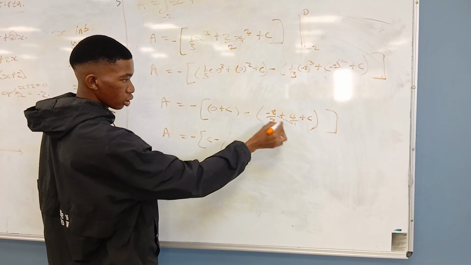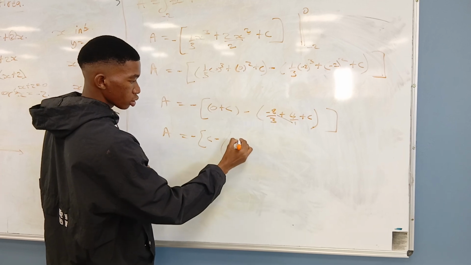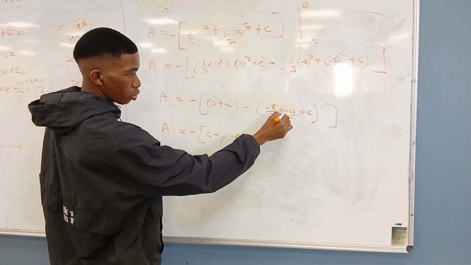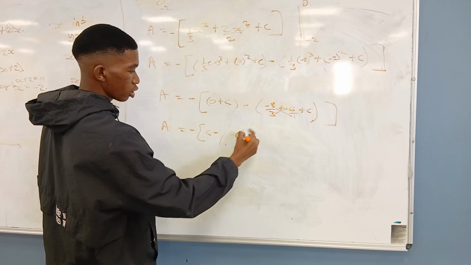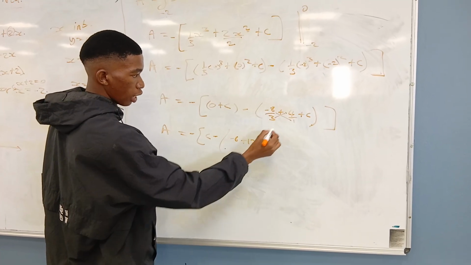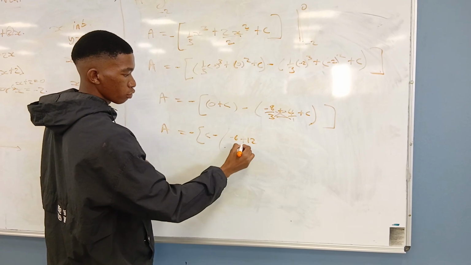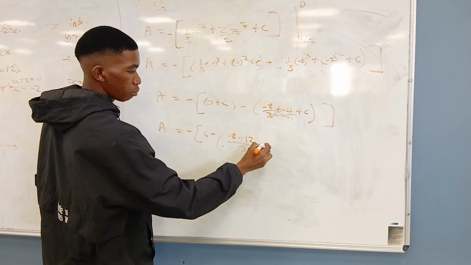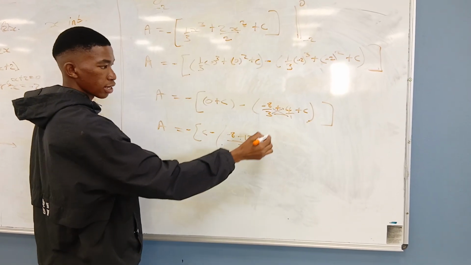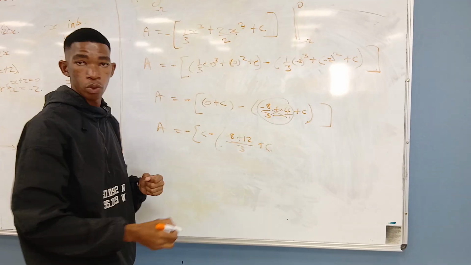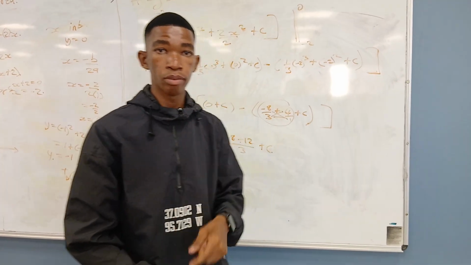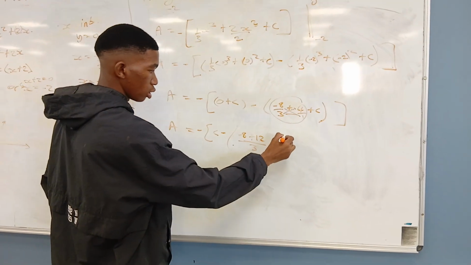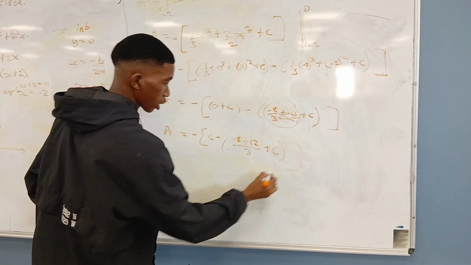So open bracket, this multiplied by this is -8, and this multiplied by this is positive 4 multiplied by 3 is 12, +12, and then this multiplied by this is going to give us our denominator of our fraction, which is 3 plus c. If you don't understand what I did here, leave your question in the comment section. Then I'm going to make it a goal to explain it. Now, this is going to be plus c. Then we close the bracket, close the big bracket.